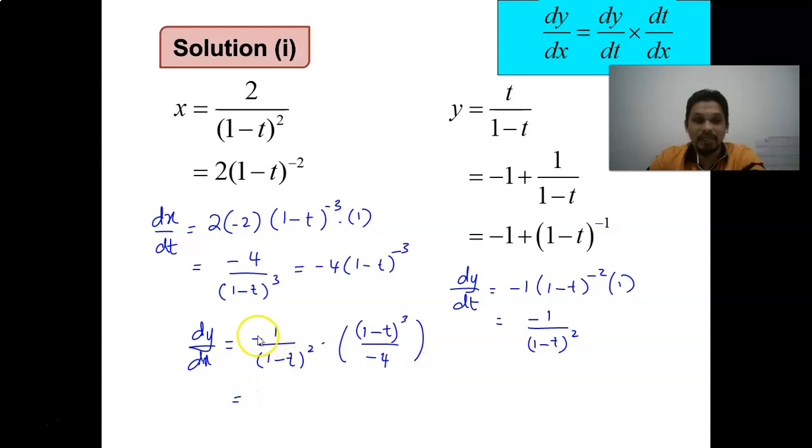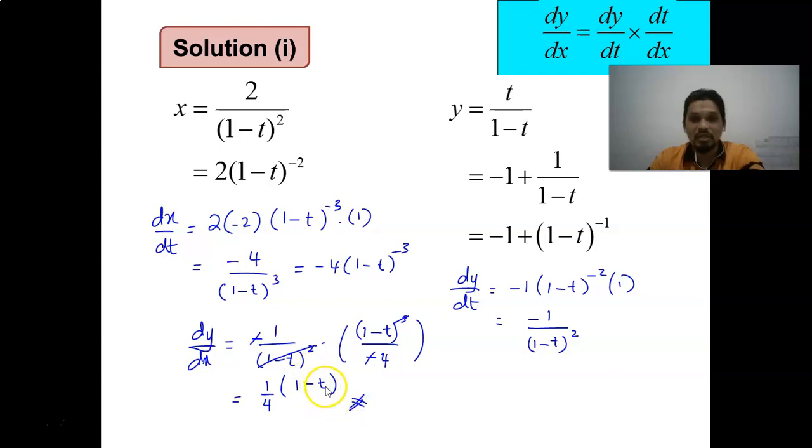Negative divided by negative is positive, (1 minus t) cubed divided by (1 minus t) squared. So 3 minus 2, 1 is left here, and the rest we eliminate. So 1 over 4 multiplied with (1 minus t).